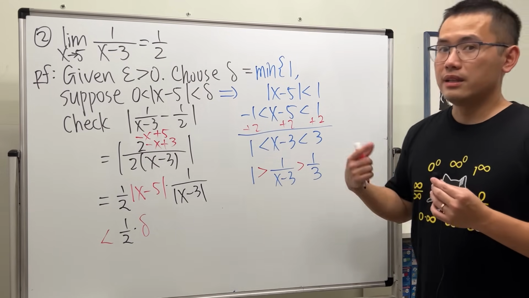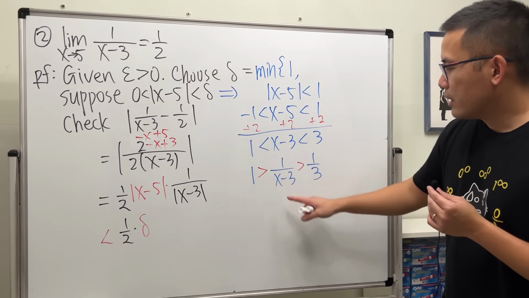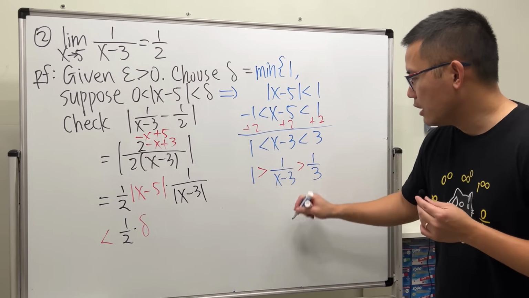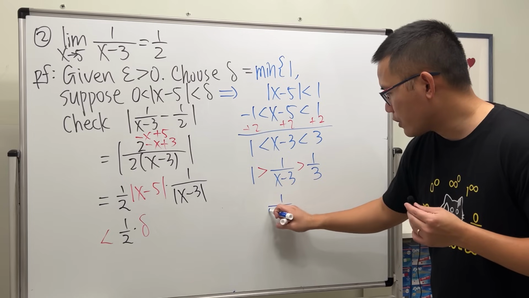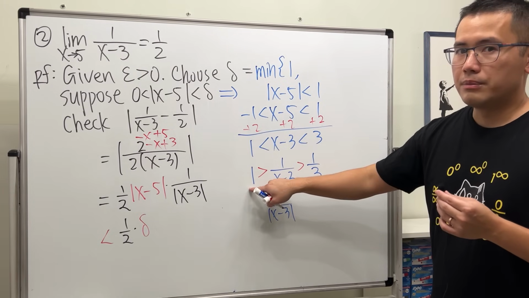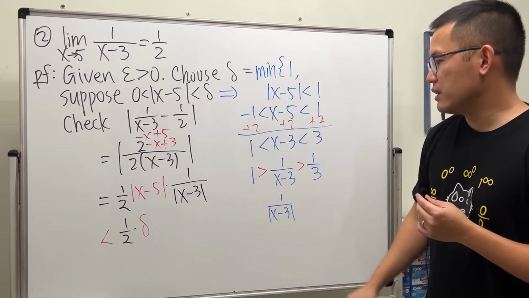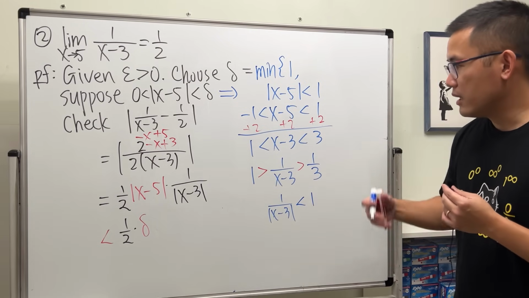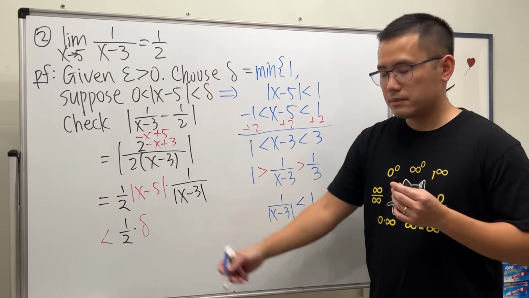Once we have this, take the absolute value. So I can apply the absolute value here. Absolute value of 1 doesn't matter, so we are just looking at 1 over absolute value of x minus 3. We'll just pick the bigger number, the one that has the bigger absolute value technically. 1. We say this is less than 1, and then that's the bound that we want.